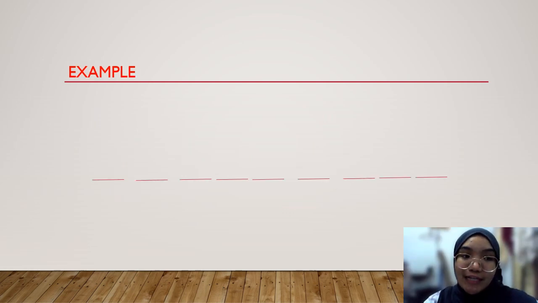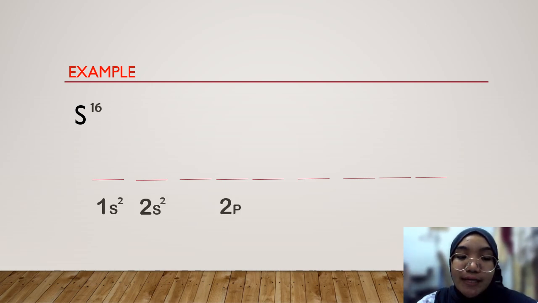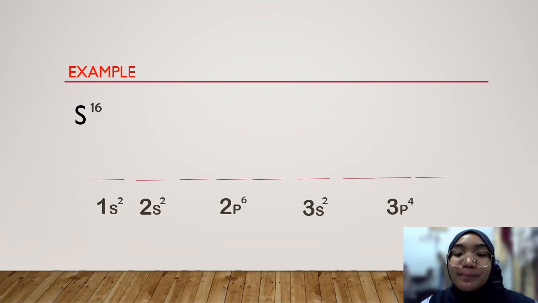So, we move to the next example, which is sulfur. Sulfur has an atomic number of 16. The first thing we need to do is identify the electron configuration of sulfur, which is 1s2, 2s2, 2p6, 3s2, and 3p4. Once we have the ground state electron configuration, then we can draw the orbital diagram.